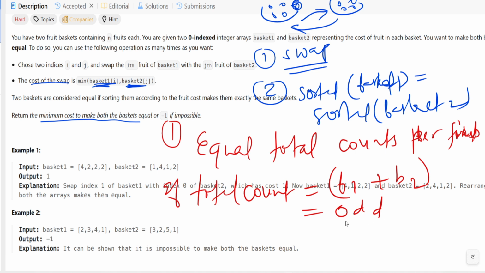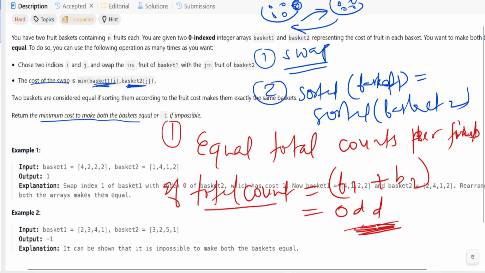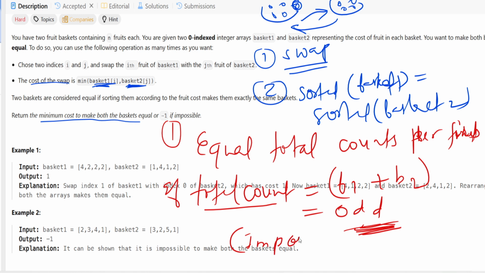No, it is not possible. This is our important condition: if the total count becomes odd, it means it is impossible. So this condition is nothing but the impossible condition.